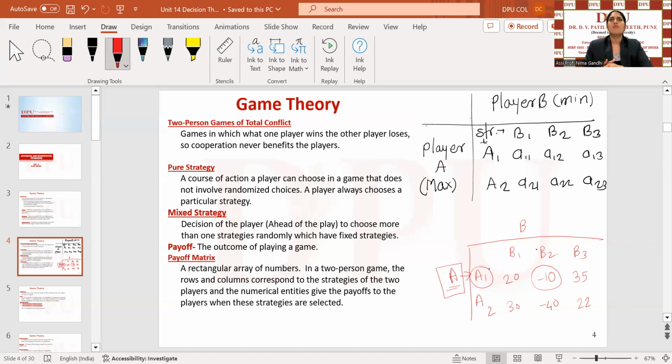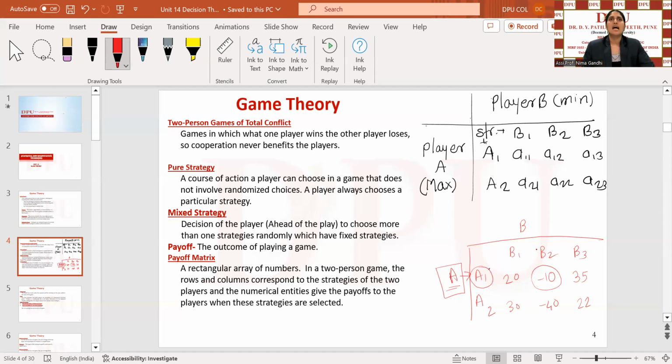When player A can combine multiple strategies, we call it a mixed strategy game. He follows both strategies at the same time, and this is a more difficult game to understand. What we are learning in this unit is the pure strategy game.